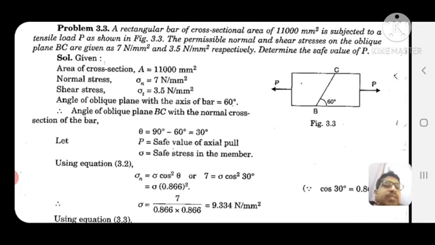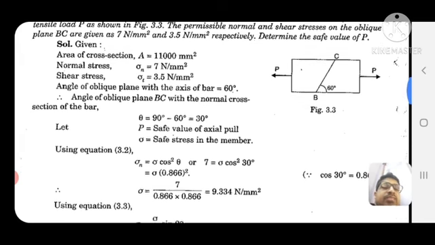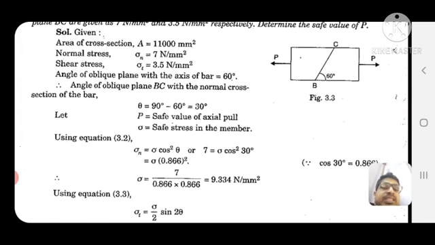Determine the safe value of P. Area of cross section A is equal to 11000 millimeter square. Normal stress sigma n is equal to 7 Newton per millimeter square. Shear stress sigma t is 3.5 Newton per millimeter square. Angle of oblique plane, that is the 60 degree.